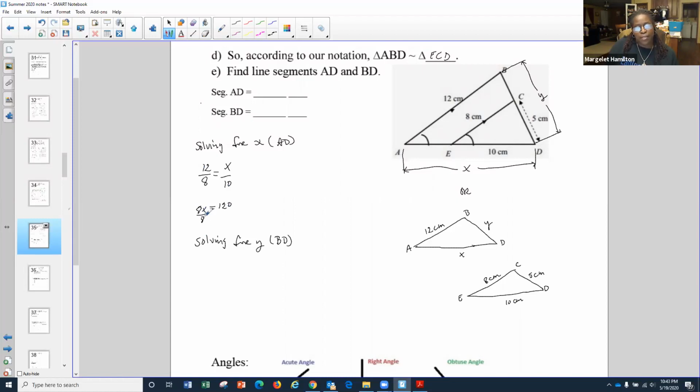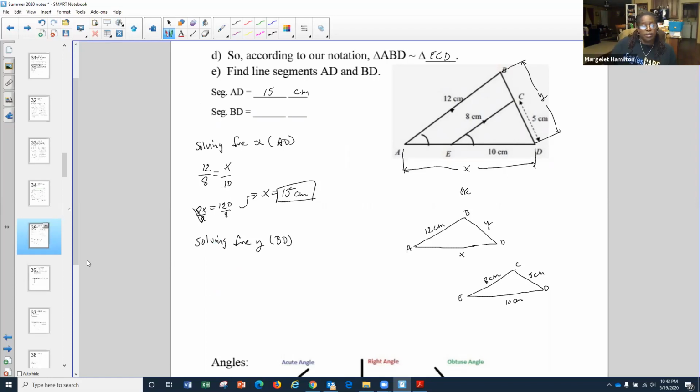Dividing by 8, I see that x equals, 8 goes into 120, 15 times. So we have 15 centimeters.